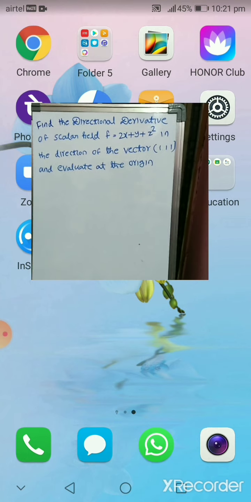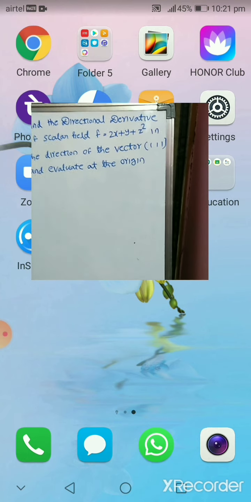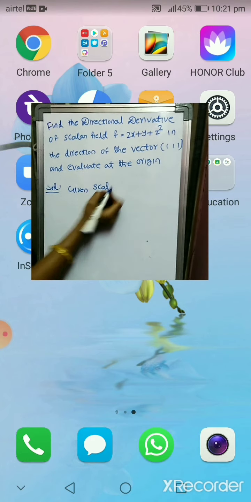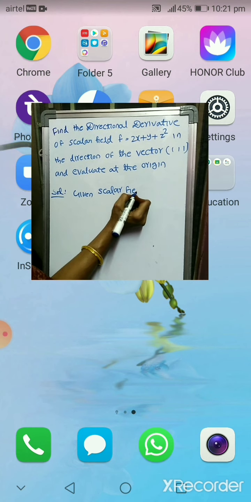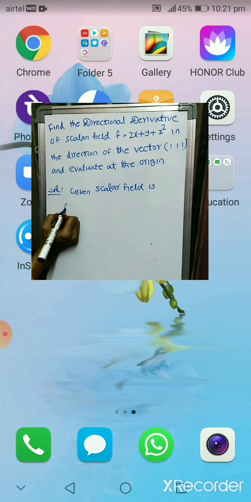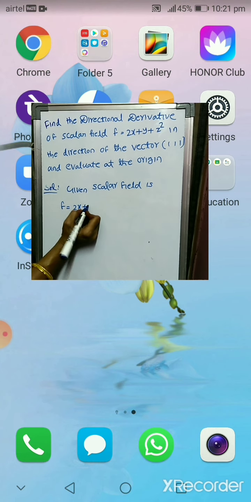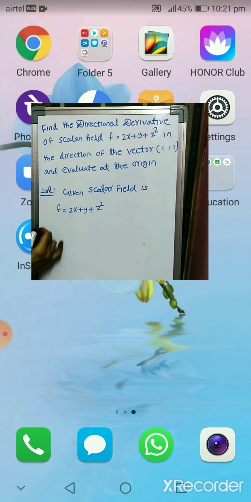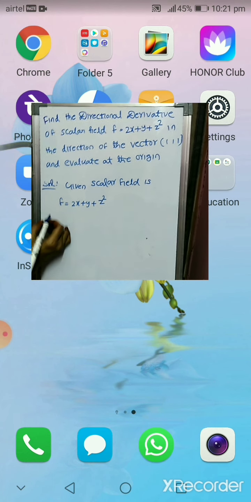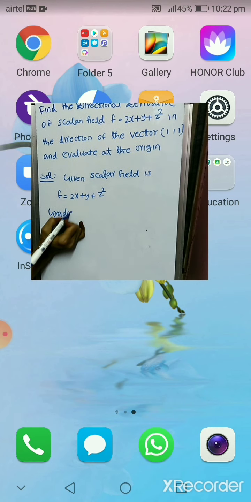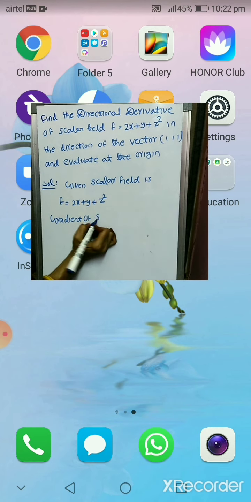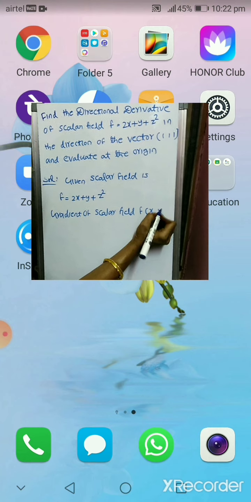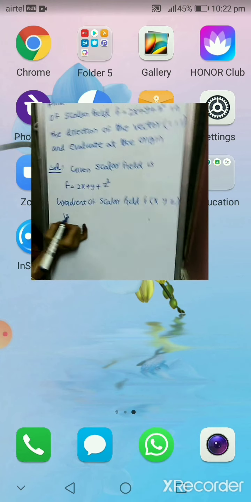So first, the given scalar field is f is equal to 2x plus y plus z square, and the gradient of the scalar field f of xyz is grad f.